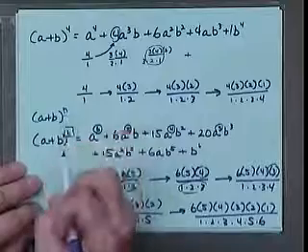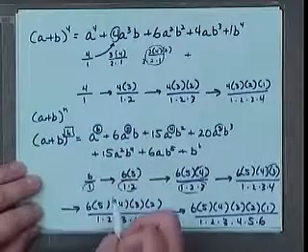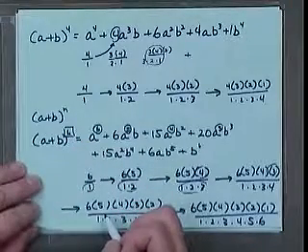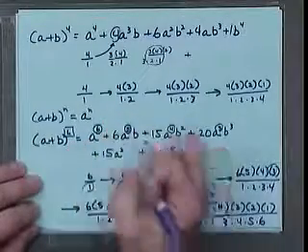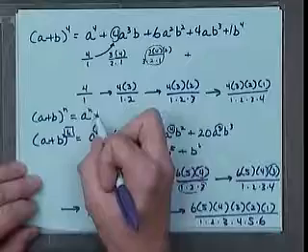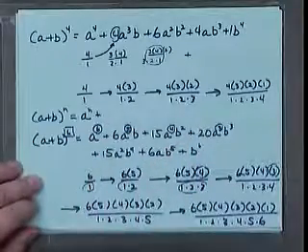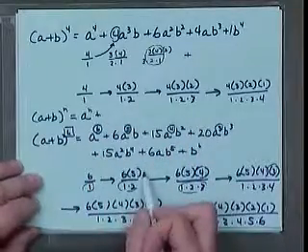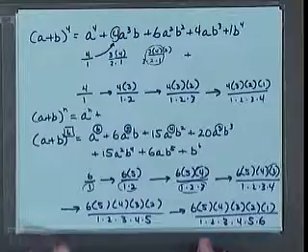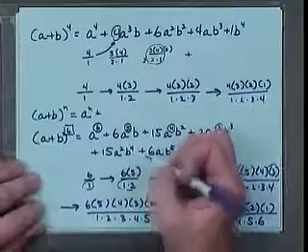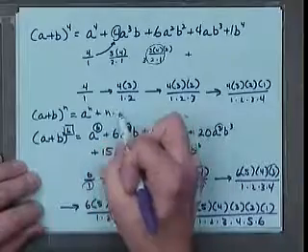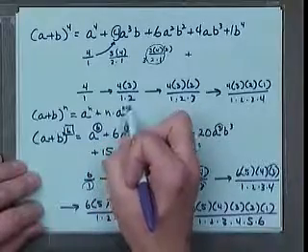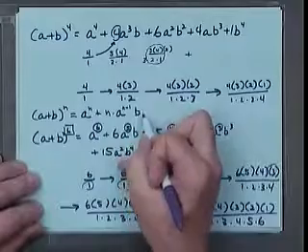But if we have n here, then we would want our first coefficient to be n, our first exponent to be n, and then for our next coefficient, which is the first non-1 coefficient, we would want this to be what? N times a to the n minus 1, b to the first.